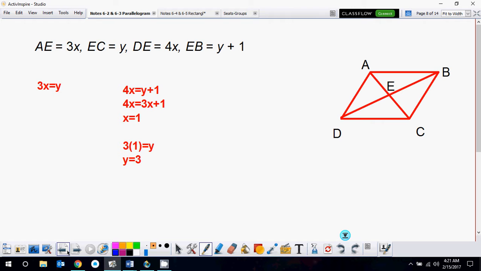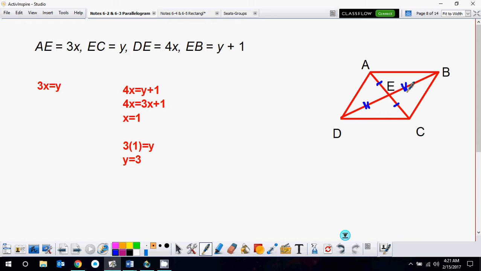Okay, so the first one, AE is going to be congruent to EC, because that one diagonal is being cut in half at E. So that means 3x equals y. DE is congruent to EB, because the diagonal is bisected. So that means 4x equals y plus 1.